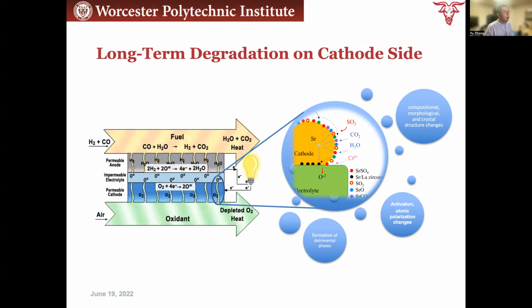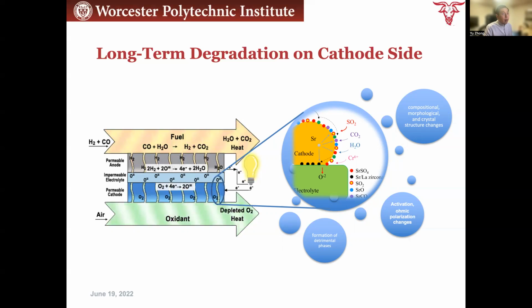So on the cathode side, we have the cathode and the electrolyte, and a lot of things may happen there. The cathode and the electrolyte may react with each other, so that will form some detrimental phases. And also we have the air, which has a lot of impurities.